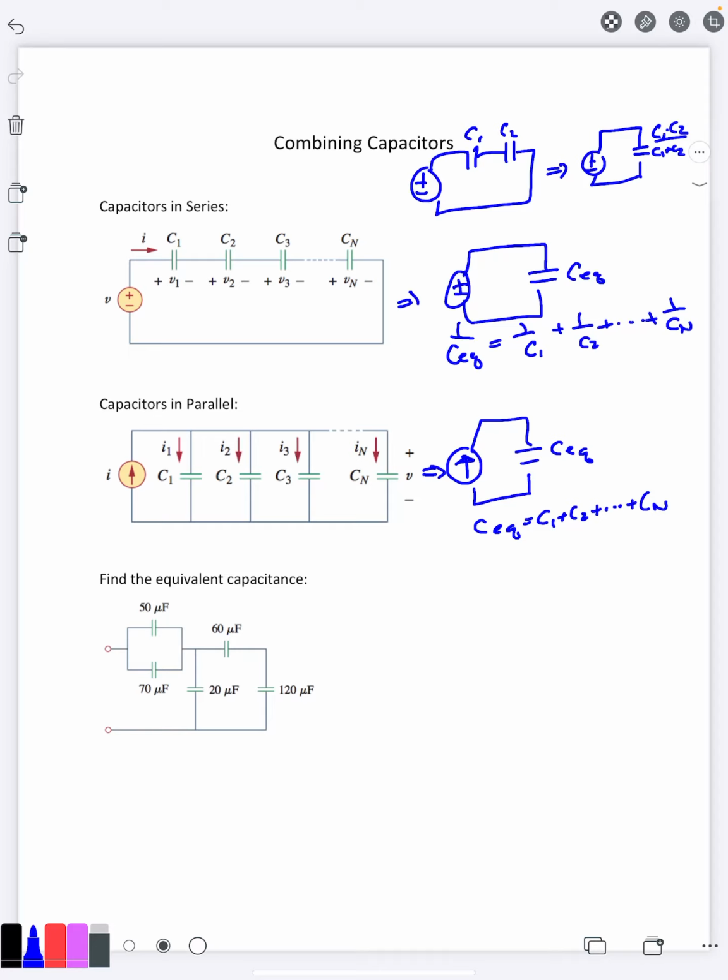And now that we have these two rules, we can take a random circuit here with capacitors and go ahead and combine it. Start by seeing that we have a 60 and a 120 that are in series here. So by doing our rule here, we have 60 times 120 over 60 plus 120.